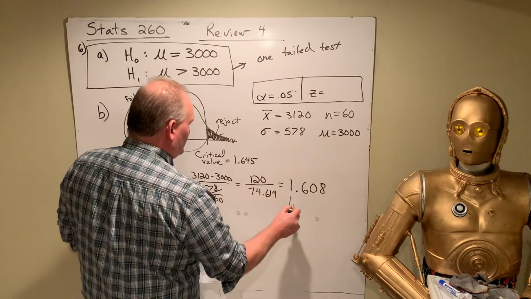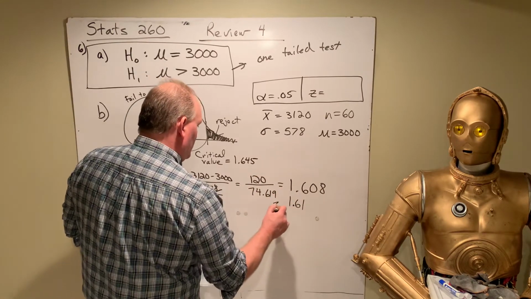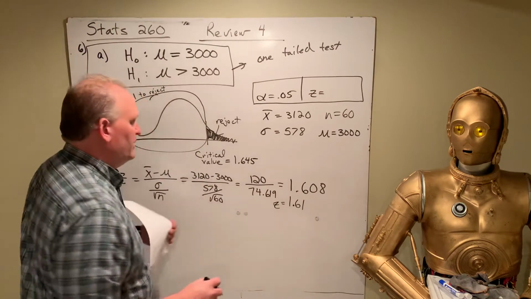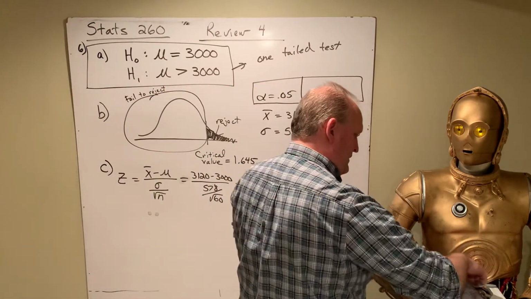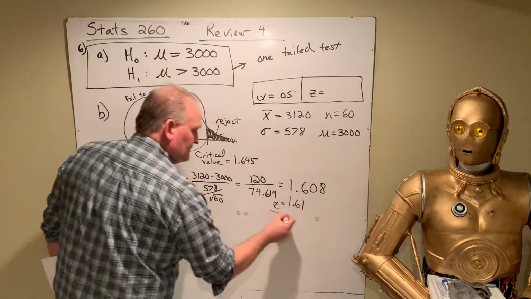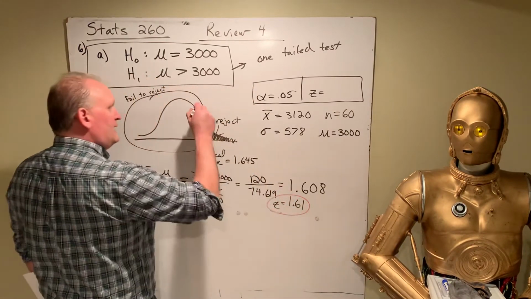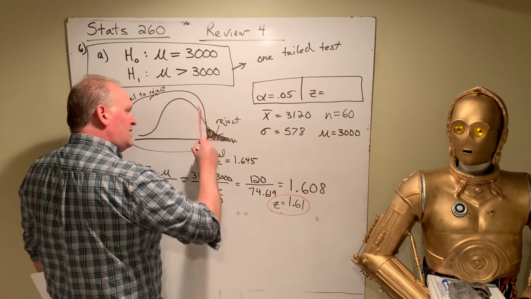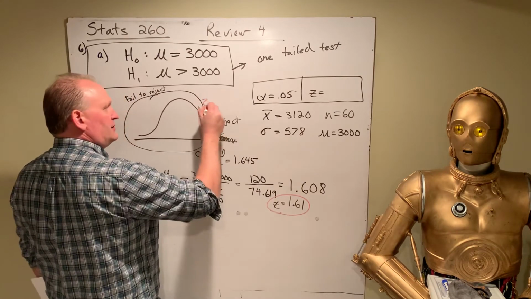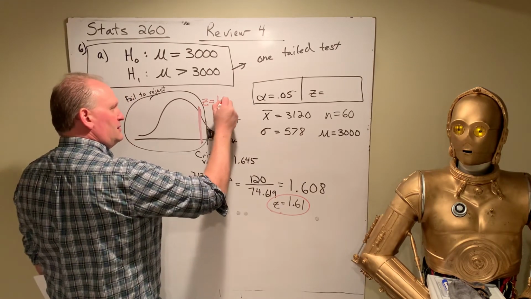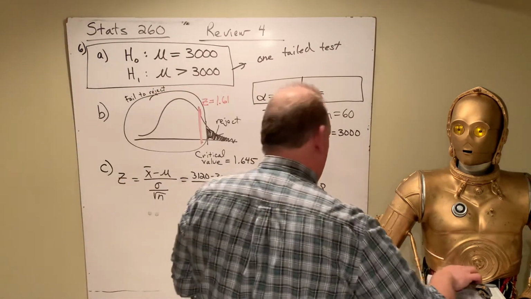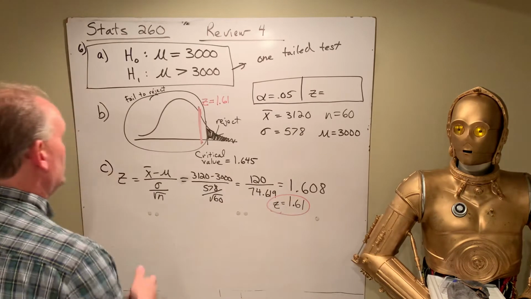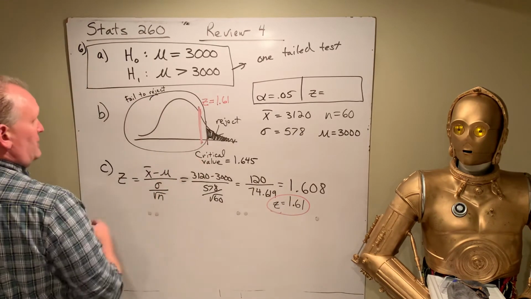It's 1.61. Close, but no cigar. So this, doing red, that falls in the unshaded area. Okay, so that means, what does that mean? Well, that's the fail to reject area.